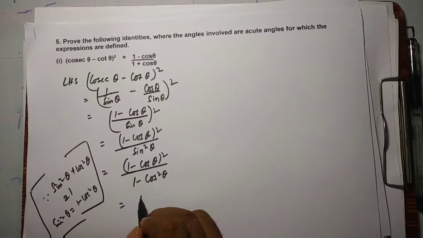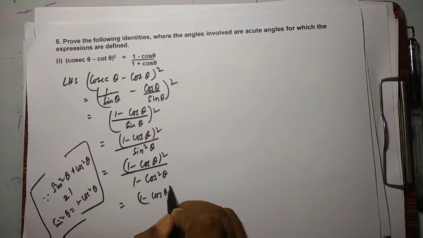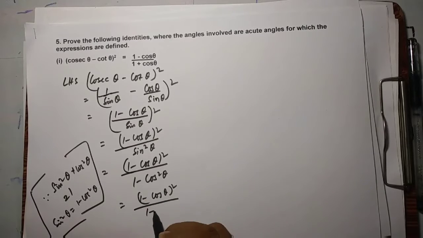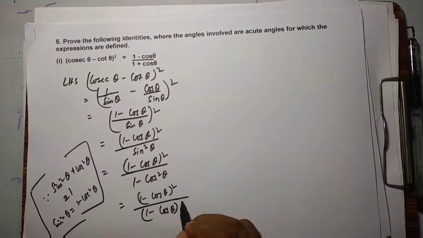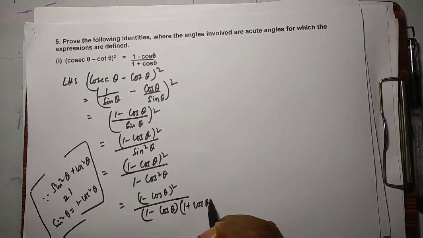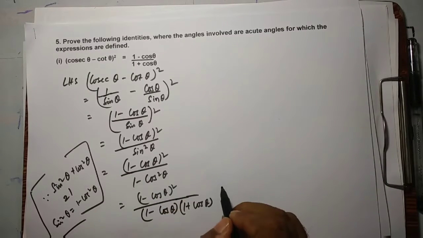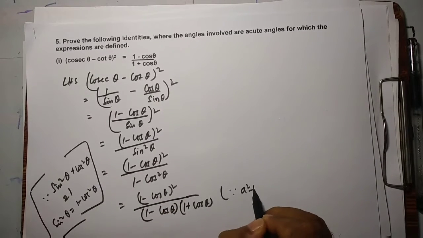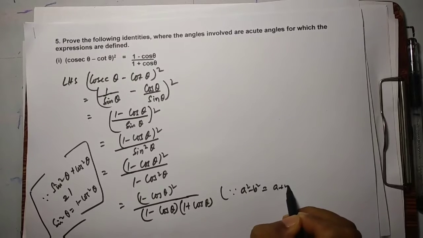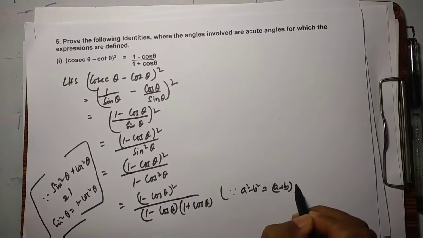So here this is 1 minus cos theta whole square upon 1 minus cos square theta, a square minus b square, 1 plus cos theta. a square minus b square equal to a plus b whole into a minus b.